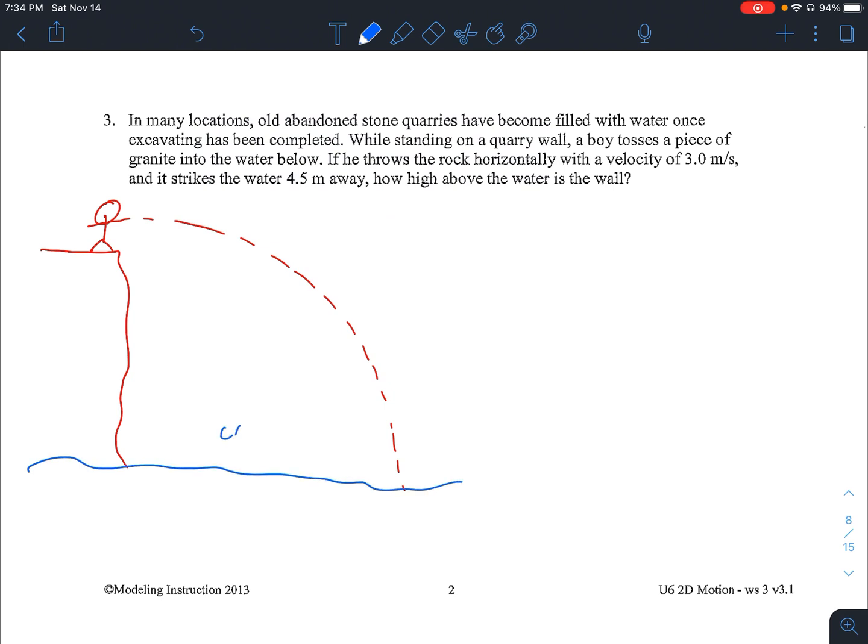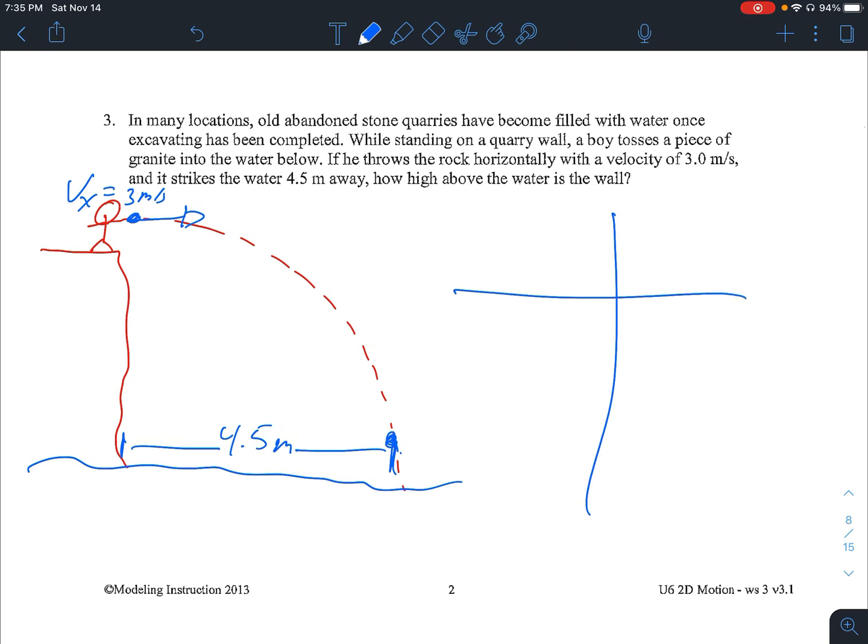And we know that's 4.5 meters away from the base. And he throws it with a horizontal velocity. This is the rock. 3 meters per second.